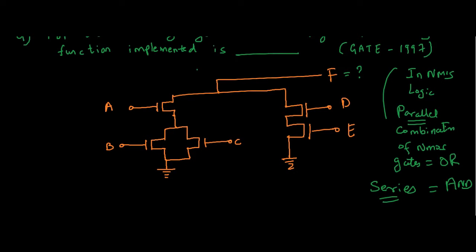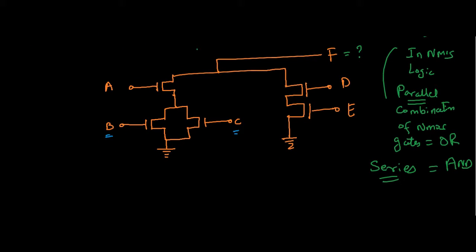As you can see here, the logic gates B and C are in parallel, and the logic gate A together with the combination of B and C is in parallel with the logic gates D and E. So let's do that first.